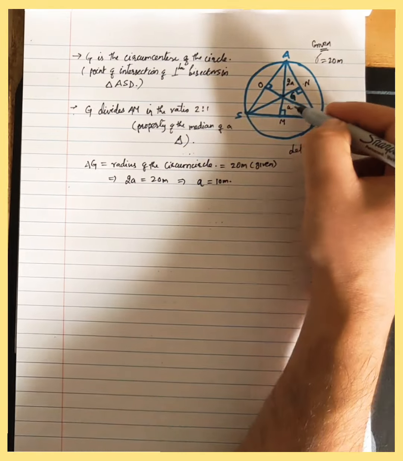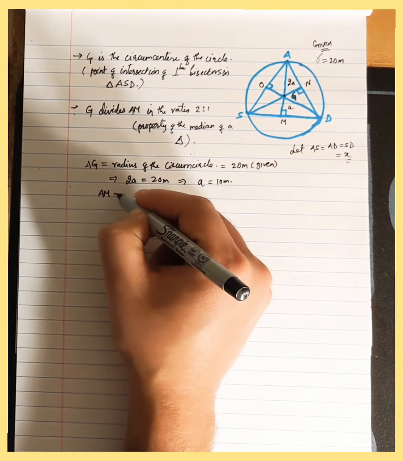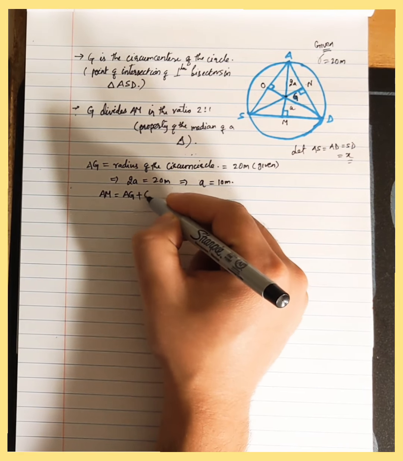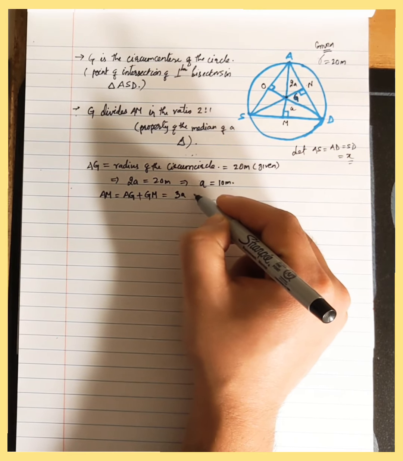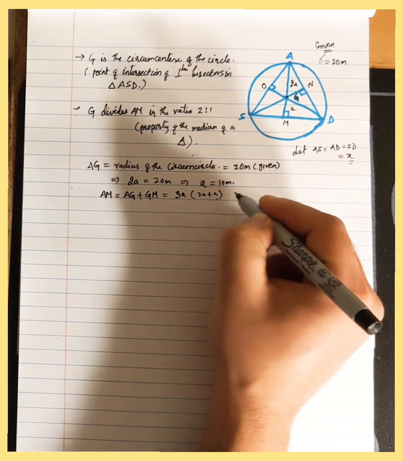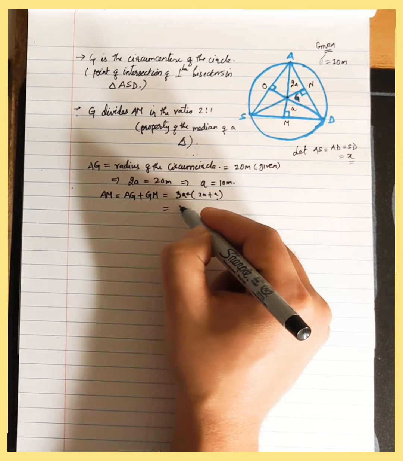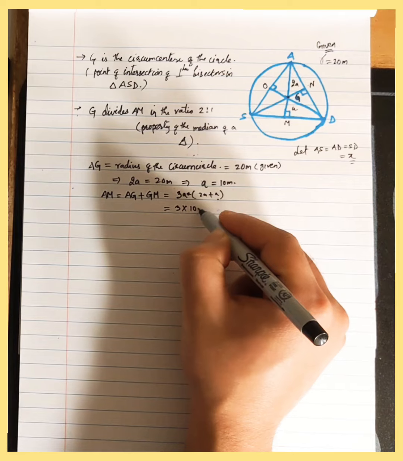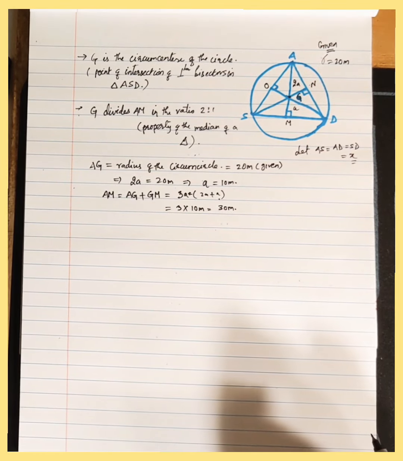So we have A and we have 2A. So AM is equal to AG plus GM, which is equal to 3A. Why? 2A plus A gives us 3A, and that is equal to 3 times 10. So that gives you 30 meter. We are good until here.